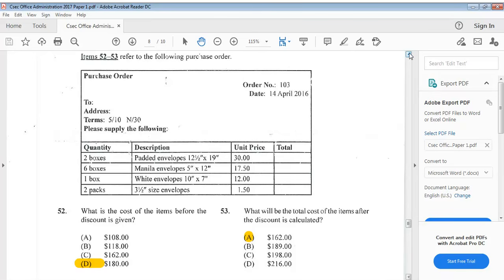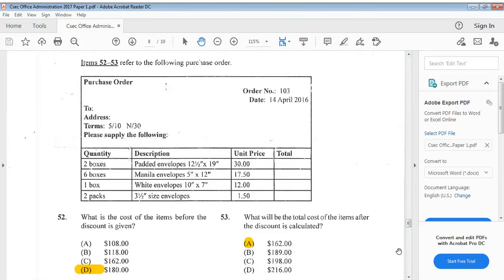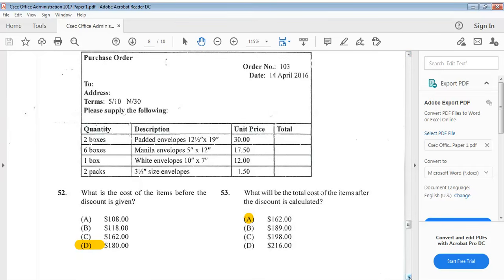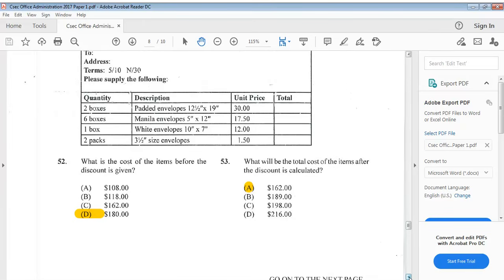You should calculate the discount at the discounted price. So when we find 10% of $180 and then you subtract it from the original cost before discount, the 180, you should get $162 after you find 10% of that.